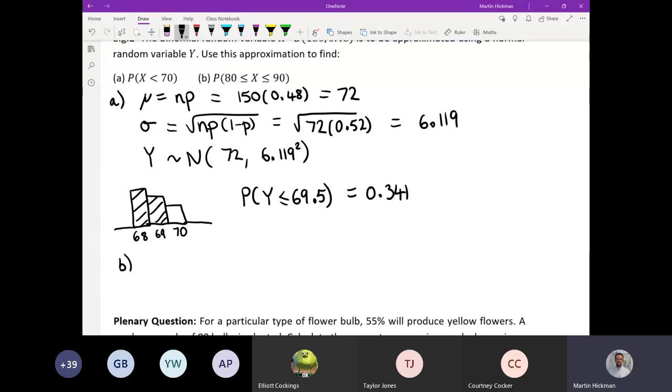But with normal distribution, what is my lower bound and what's my upper bound? Or is there anything you need me to kind of go over again? Let me know if that question doesn't make sense.